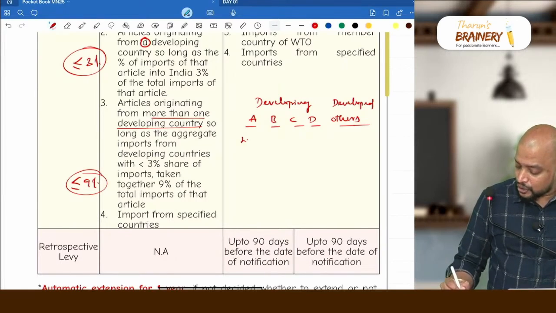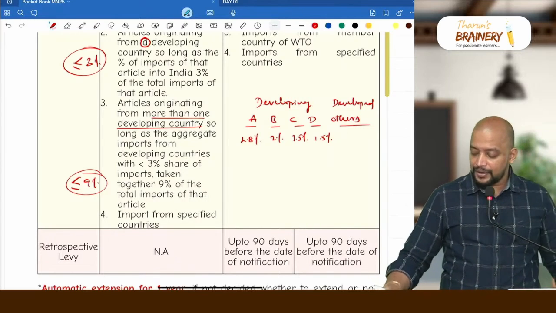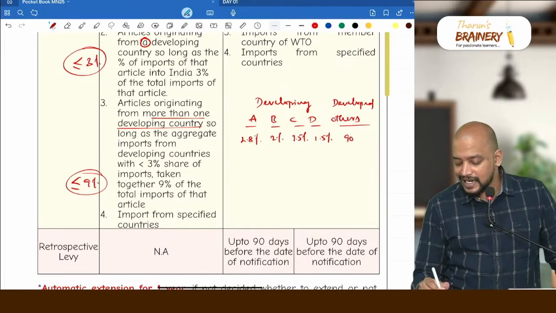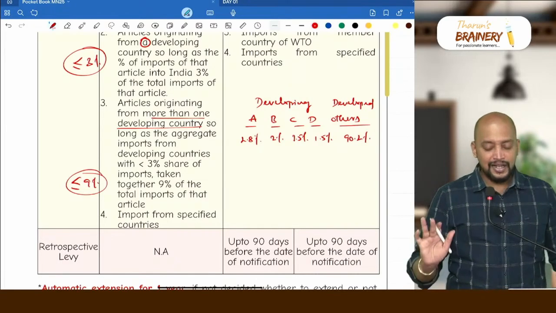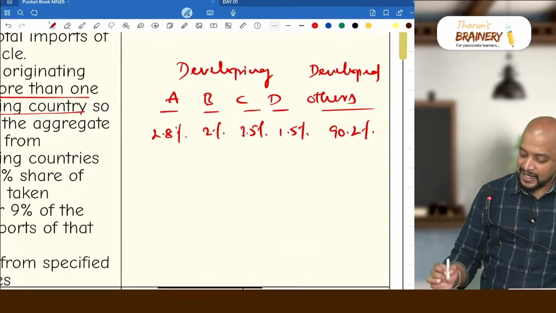Say for example, A is 2.8%, B 2%, C 3.5%, and D will be 1.5%, and the remaining, out of 100 minus 2.8, 2, 3.5, then 1.5, that is 90.2% is others.